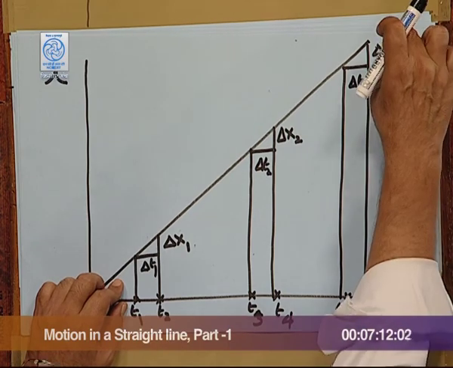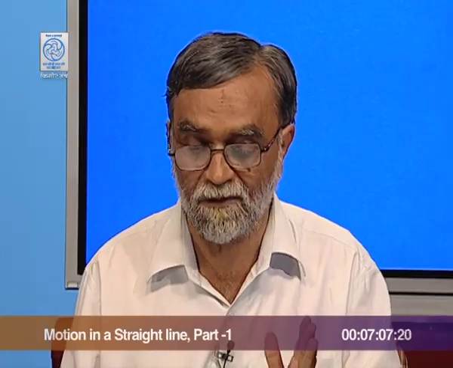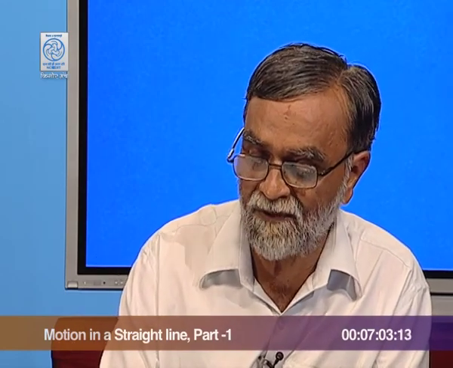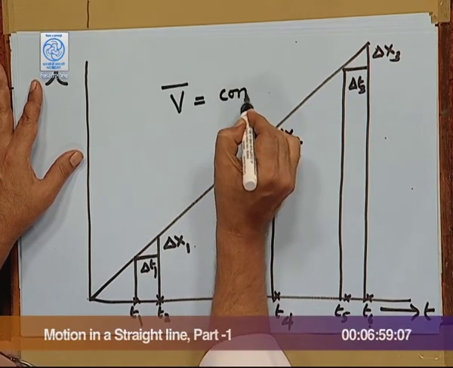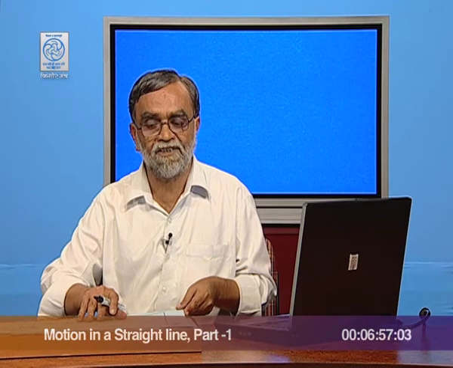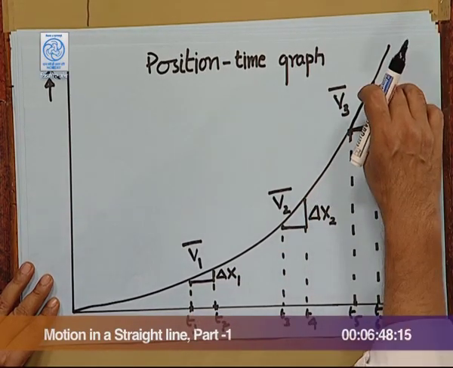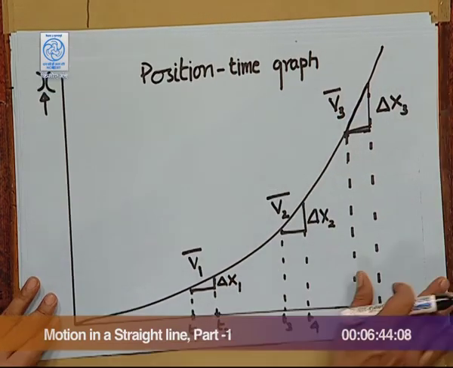In that, delta x3, delta x2 and delta x1 are all the same. So, we say that this is a graph which represents average velocity that is the same and constant, unlike this graph which we did earlier. Look at this, this is a curve where the position time graph had different slopes at different timings. The slopes go on increasing, which means the velocity goes on increasing.